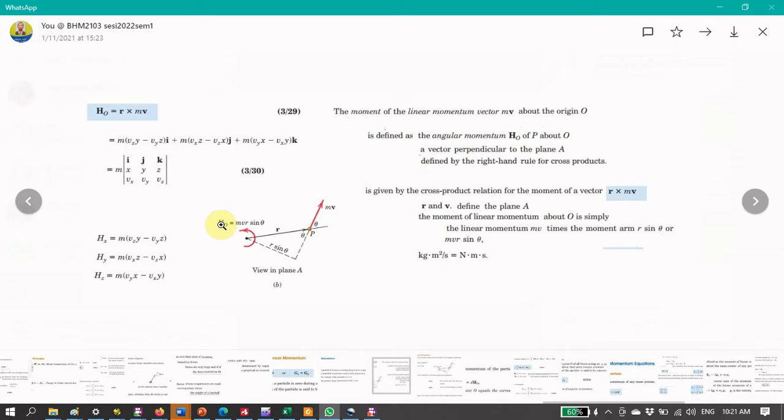So the moment of linear momentum G about the origin is defined by the angular momentum H of particle P about O. The angular momentum is a vector perpendicular to the plane A created by the position vector and the linear momentum.